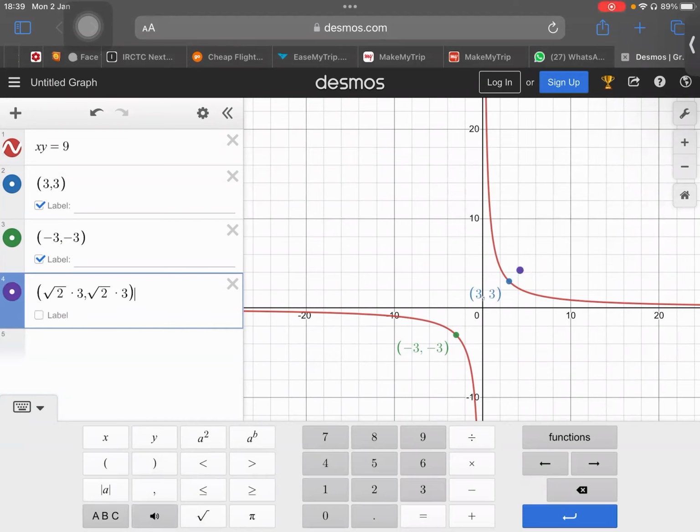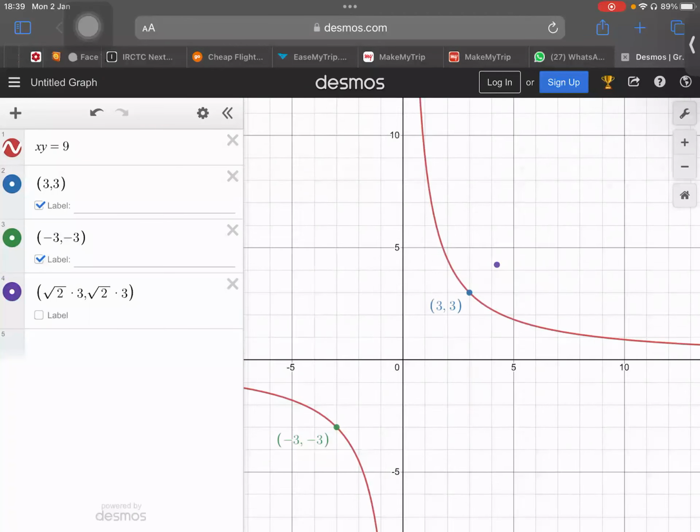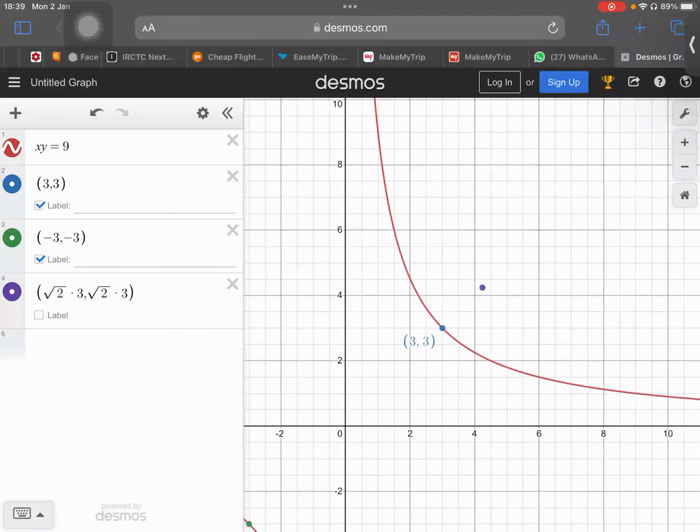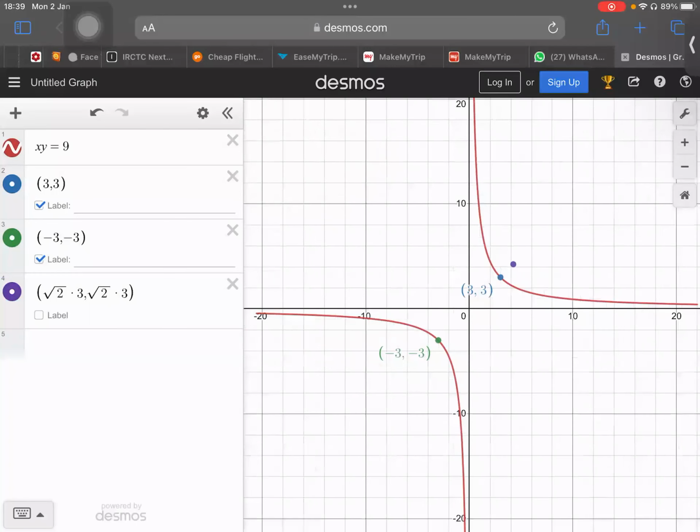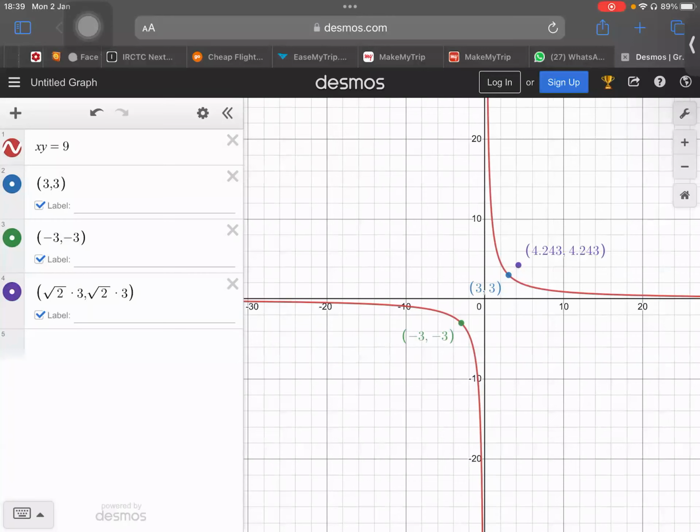So this is one of the foci. You see this one? Got it? Understood or not? Are you getting it or not? So that is one of the foci.